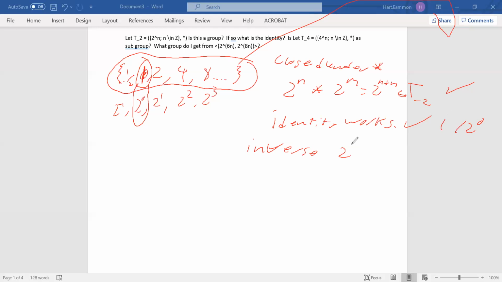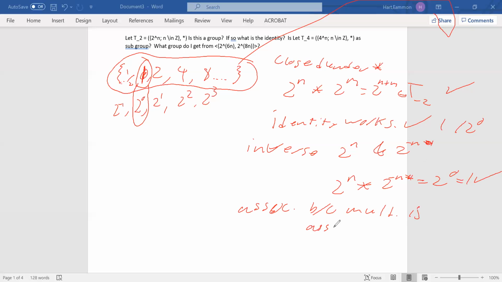So 2 to the n and 2 to the negative n. If I multiply 2 to the n times 2 to the negative n, I get 2 to the 0, which is 1, so that works. And then it is associative because multiplication is associative. Right? Cool.